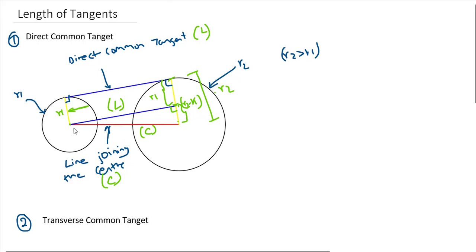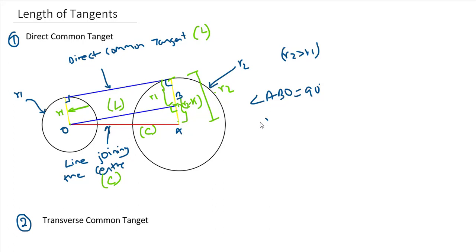Now if you consider this triangle, let's say OAB, in this triangle OAB, angle ABO is 90 degrees. If we apply the Pythagoras theorem, the square of the hypotenuse, C square, will be equal to L square plus (R2 minus R1) the whole square.